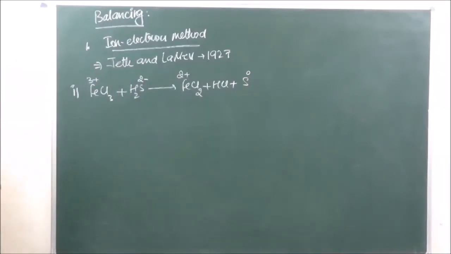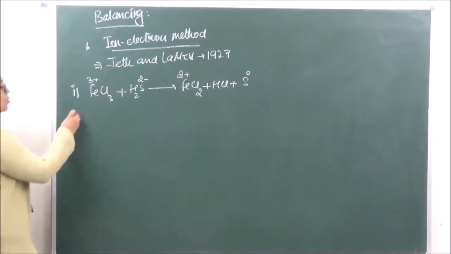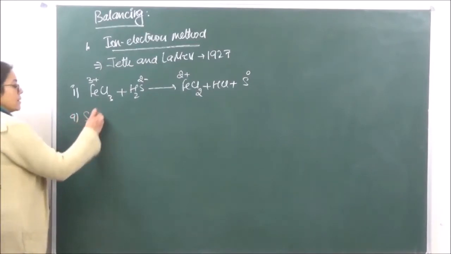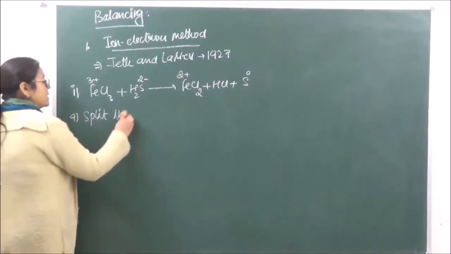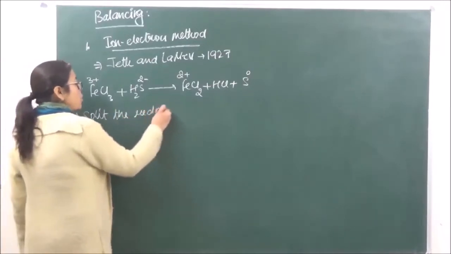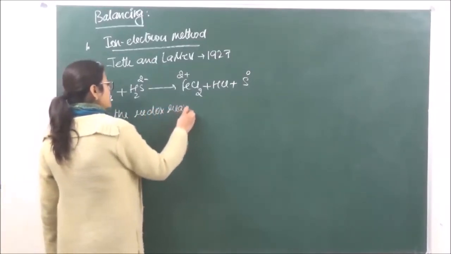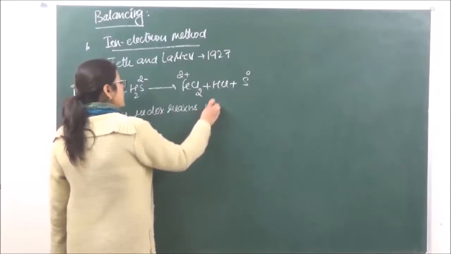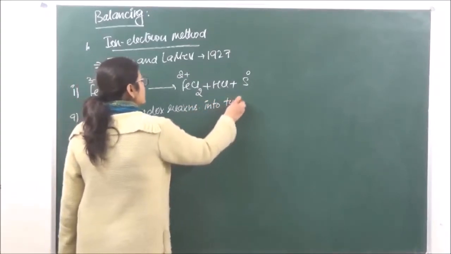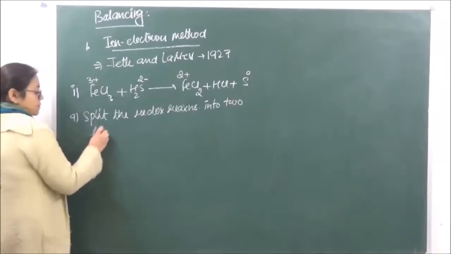So in the first step, we split the redox reaction into two half reactions. This is the first step.